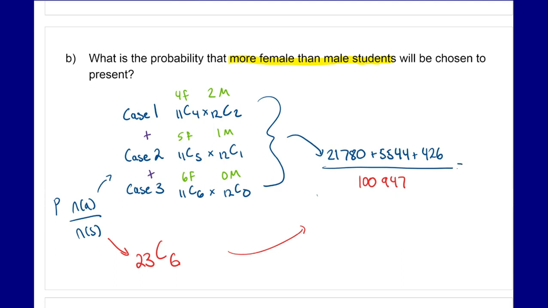And when we calculate this probability, we end up with roughly 27.5%. So there's a 27.5% chance of selecting more females than males when we randomly choose 6 to present.